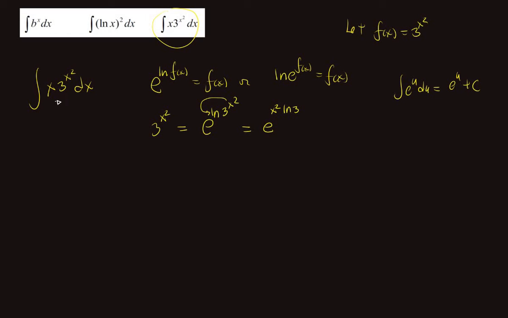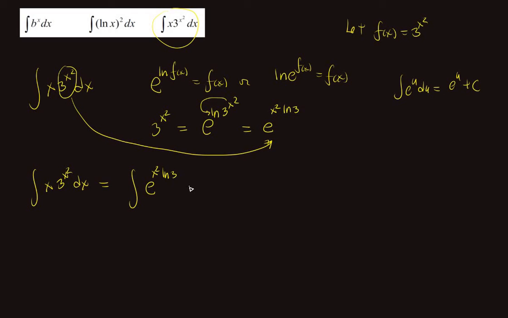So now this 3 to the x squared is going to be this thing here. Let's go with this integral. We have the integral of x times 3 to the x squared dx, which is the same as the integral of e to the x squared natural log of 3 dx.